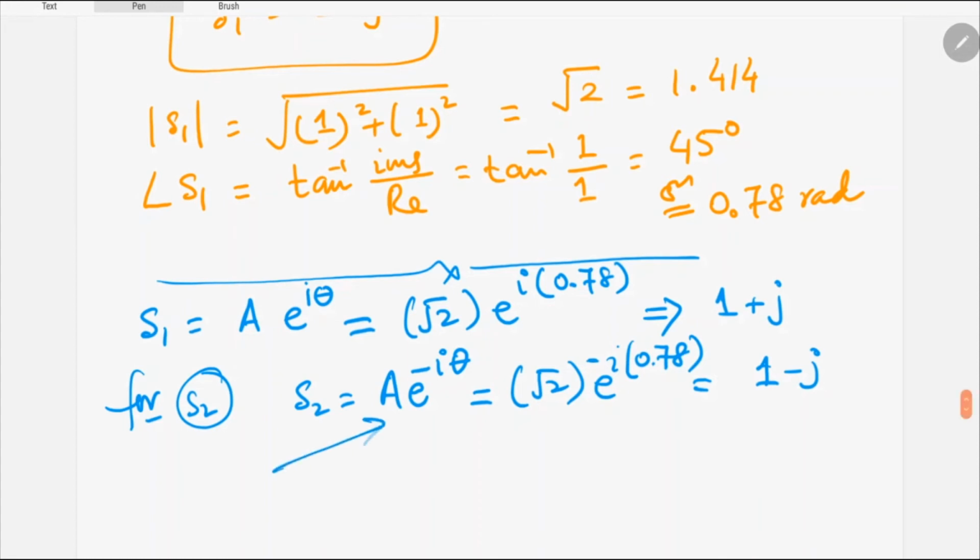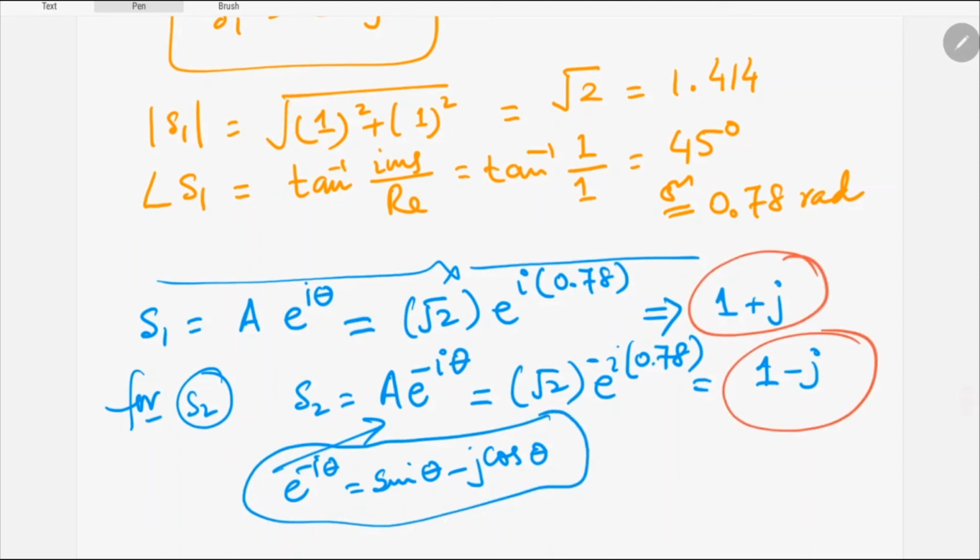So this is a similar formula. Previously here was plus. If the iota is in minus, then we have this. This is just for the information.